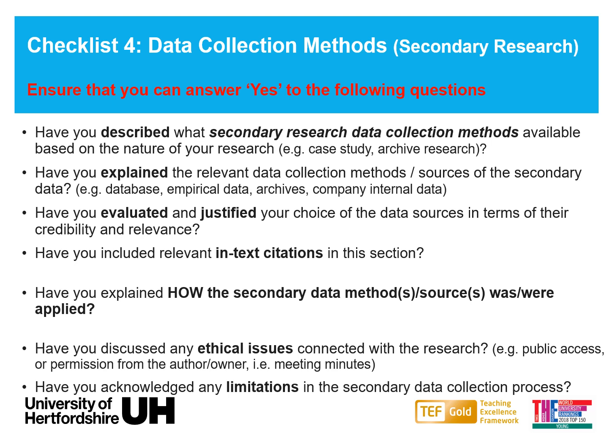Have you explained the relevant data collection methods or sources, specifically whatever databases or empirical data collected by other people, archives or companies' internal data, for example the company's meeting minutes over the past few years, that you can use to analyze?